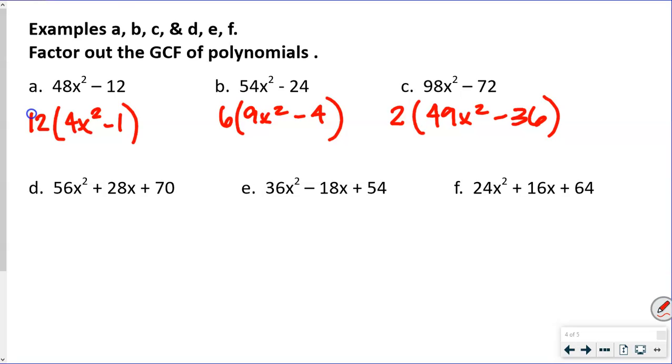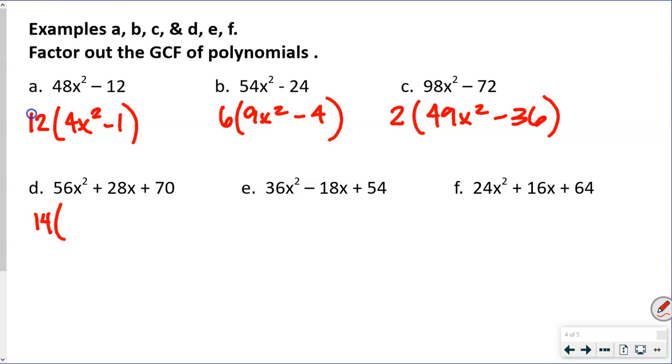Not 5. 6, 7. The last 2 are 8, 9, no. 10, obviously no. 11, 12, no. 13, 14, that's my number right there, 14.